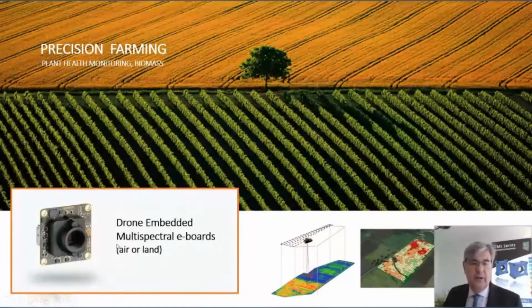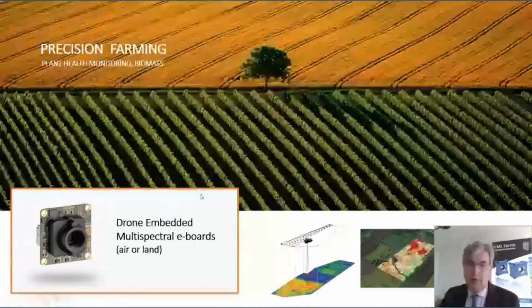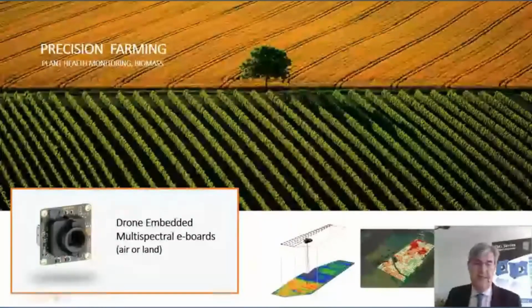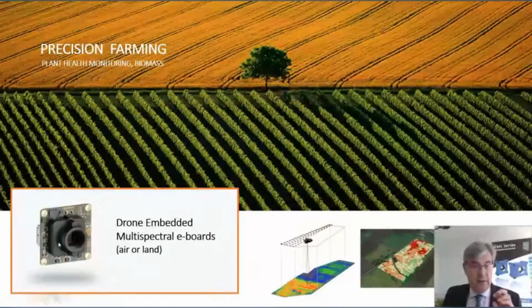So we let the customer place their own enclosure, and also connect this e-board to their own PC platform that is on the drone, to have the connection with the Wi-Fi, with the GPS, etc. Because our cameras do not have internal data acquisition capability.